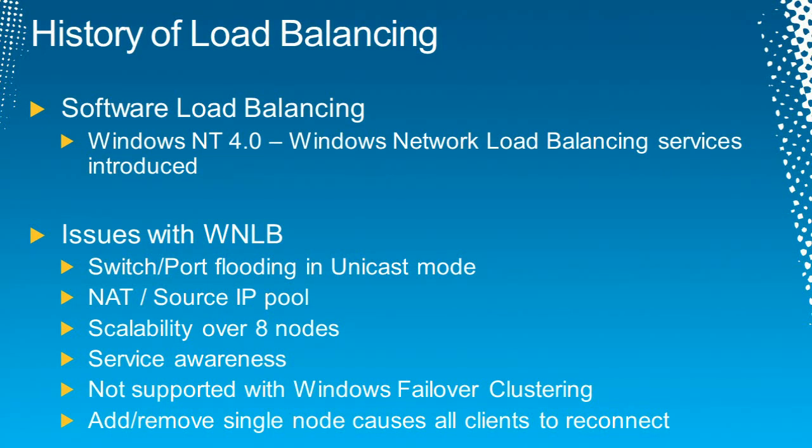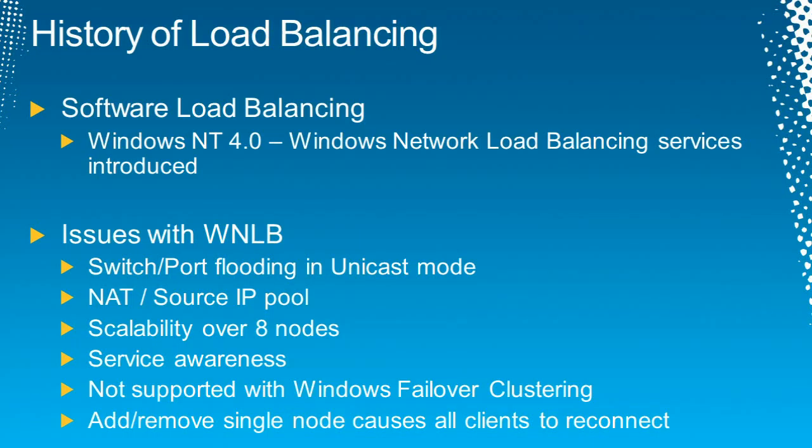Windows Network Load Balancing only supports one persistence option, which is source IP. We're going to talk a little bit more about the concept of source IP and why that limits some of your capabilities in a load balanced environment later. We know that when we have high traffic volumes, our throughput scales back dramatically once we go above 8 nodes. And so even though we can deploy larger WNLB clusters, we do have a performance issue once we go over 8.